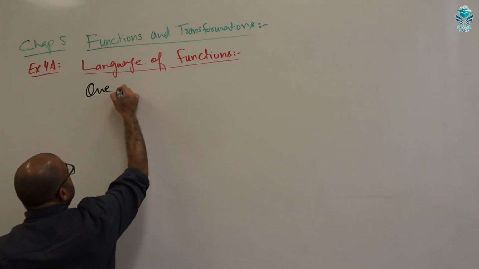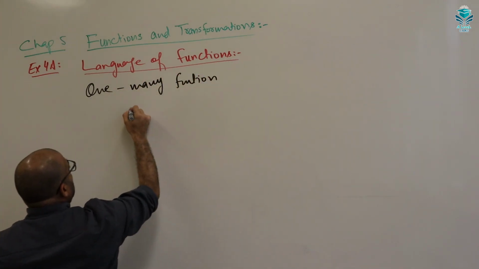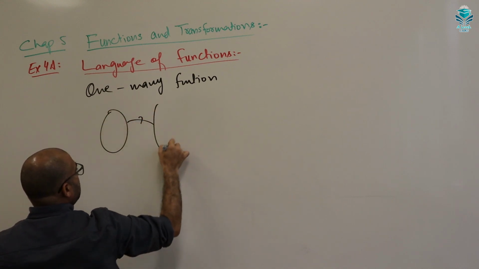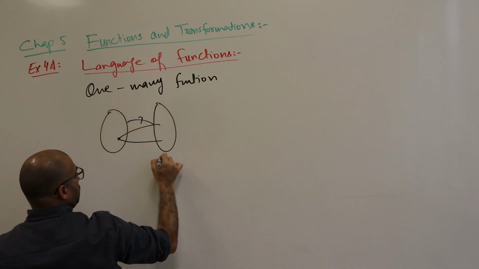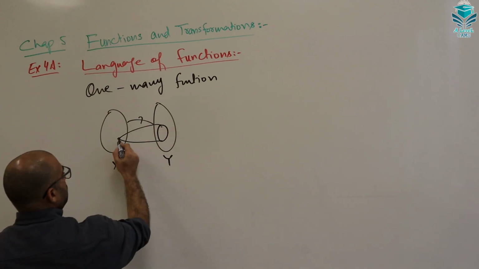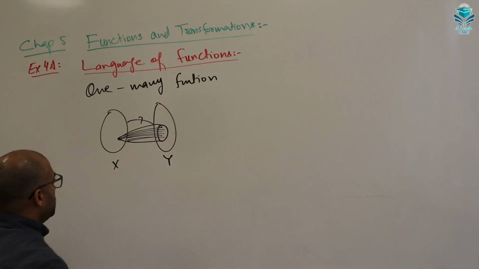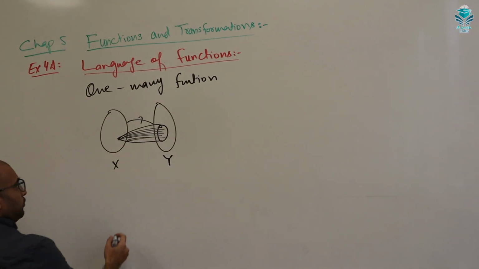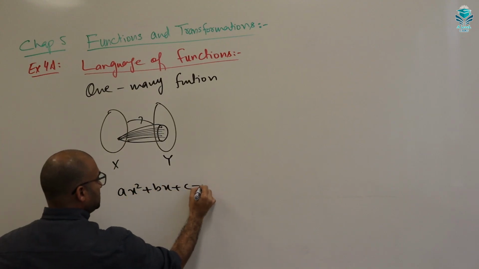For the one-many function, let's say the function f, here is a point mapping on a subset of y. Let's say this is y, this is x, this is a subset of y. So one point maps on several y. If we take a function, we can write it as ax square plus bx plus c equals 0.